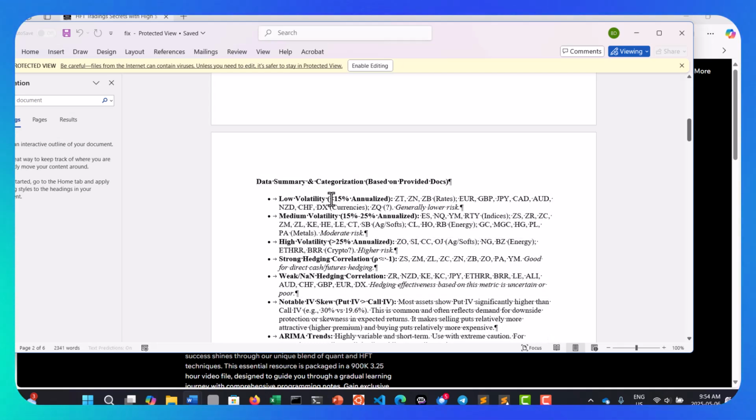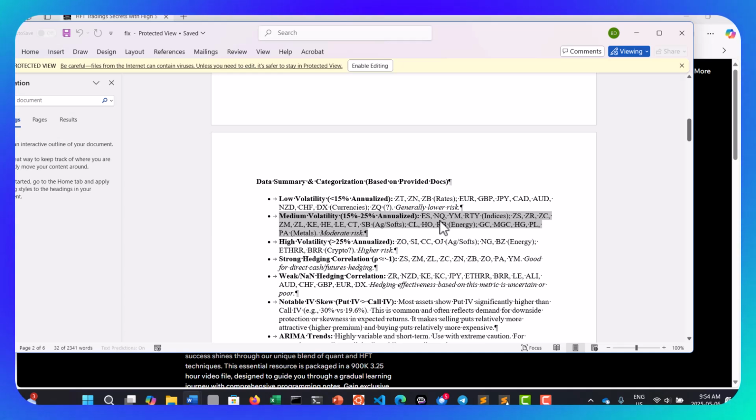So we have to really look for uncorrelated, low volatile instruments. So again, low volatility. Here they are, mostly currencies, generally lower risks. So that's kind of where you want to be right now. You don't want to take on too many risky assets right now because they will have you lose money. Moderate risk, I don't think I'd even take right now.